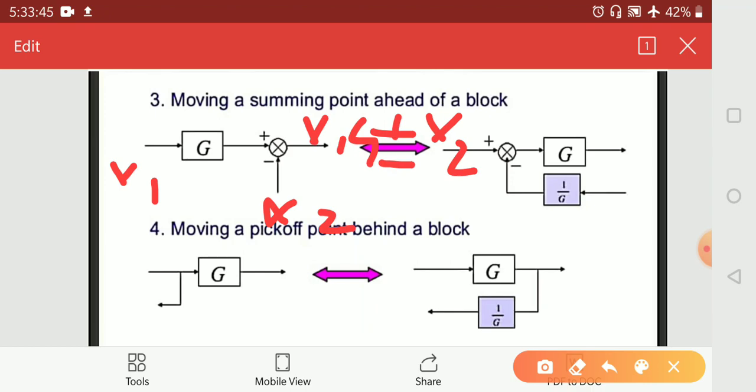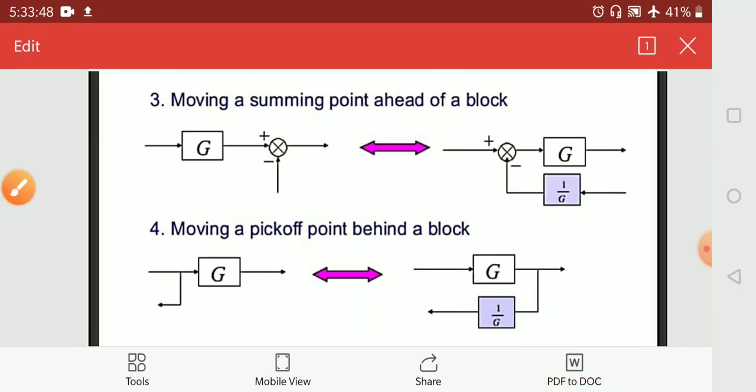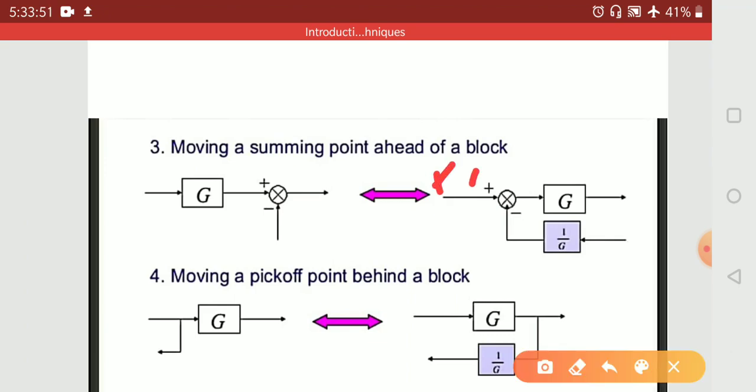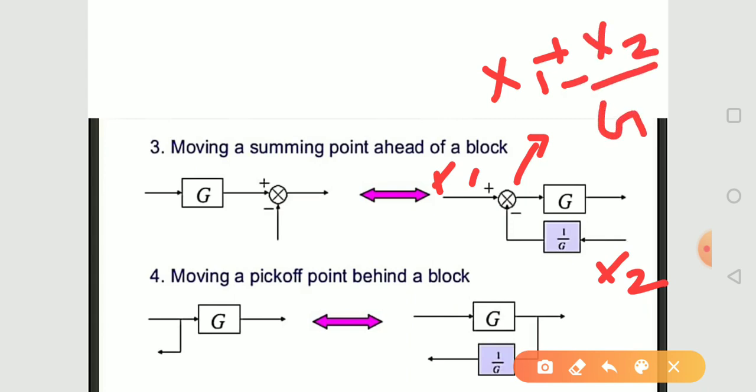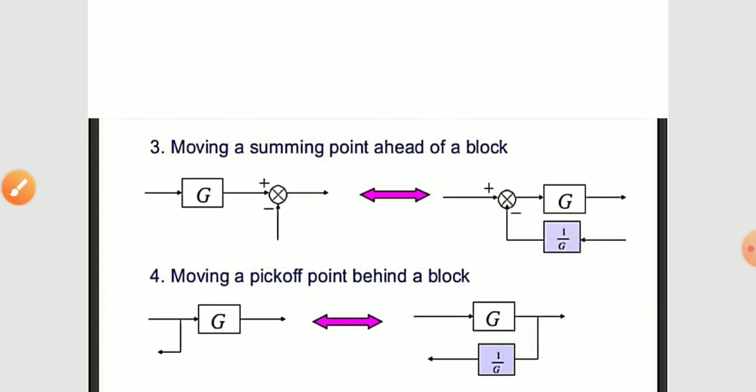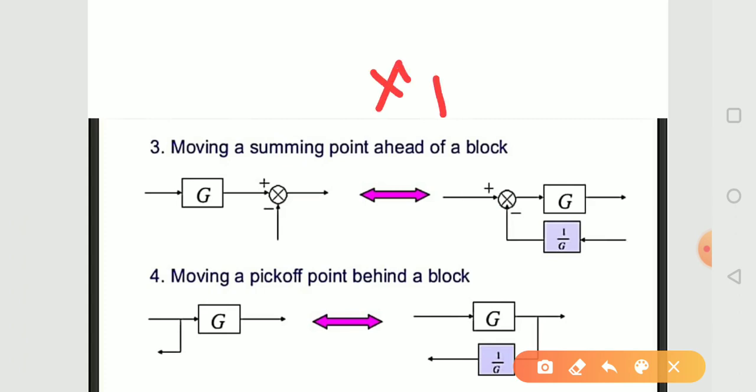So here is also x1, okay, and if we multiply this x2 signal by 1 over G, we get x1 plus or minus x2 over G, and after multiplying by this gain G, the output will come x1G plus or minus x2.